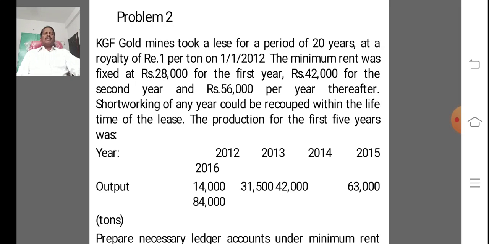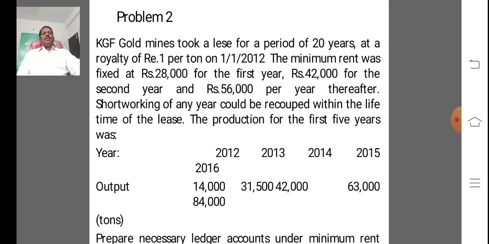So we take the second problem. KGF Gold Mines took a lease for a period of 20 years at a royalty of rupee 1 per ton on 1/1/2012.